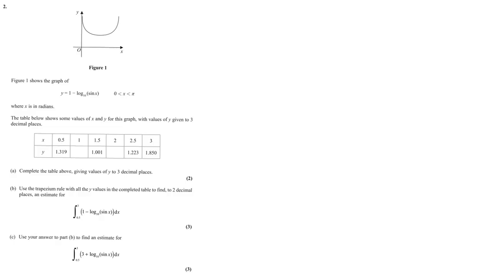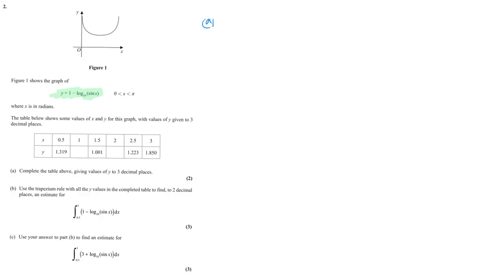Now, Part A is just simply using your calculators. So if we look at this bit, y equals 1 minus log 10 sine of x. Now, in my calculator, when I try and type it all in one go, it comes up with an error. I don't know why, but I've had to just type in the sine of x first to get the value for it and then substitute it in.